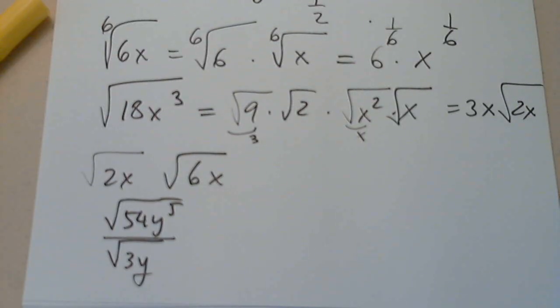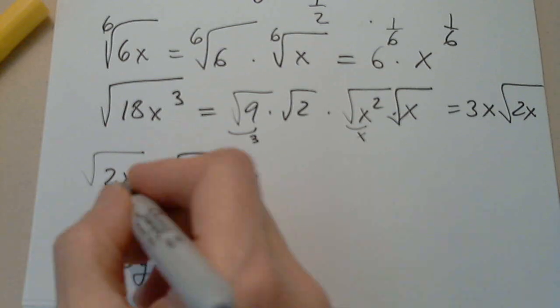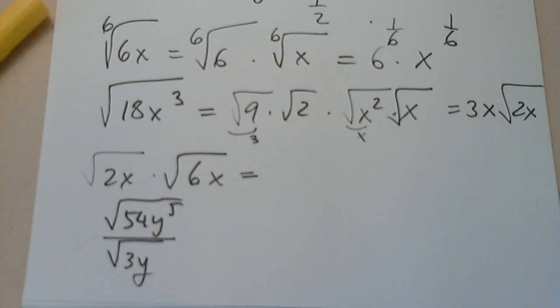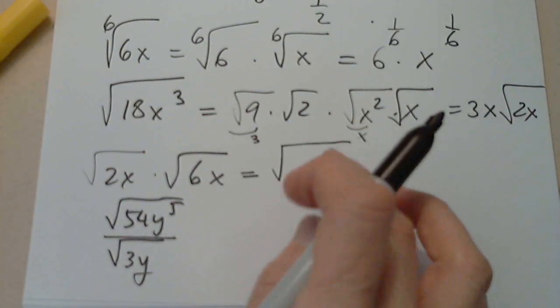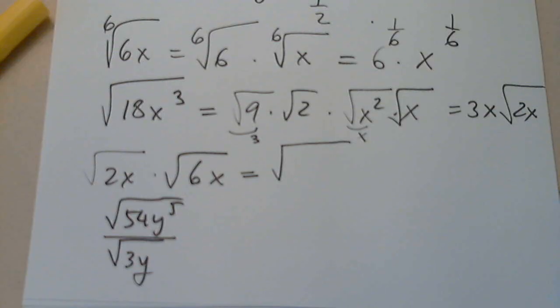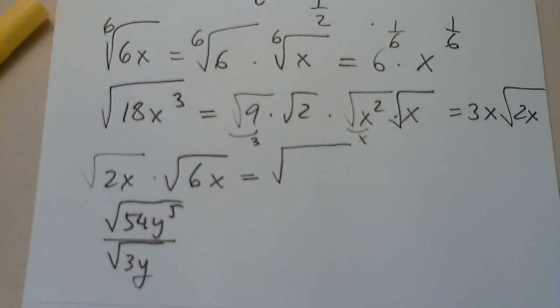Any questions on this problem? Okay, so here we're asked to multiply these two. What would you write? The radicals have the same index. We can multiply them into a single radical of what?